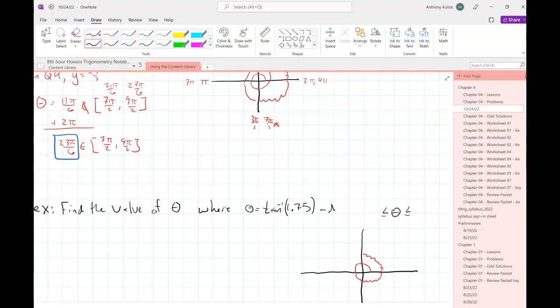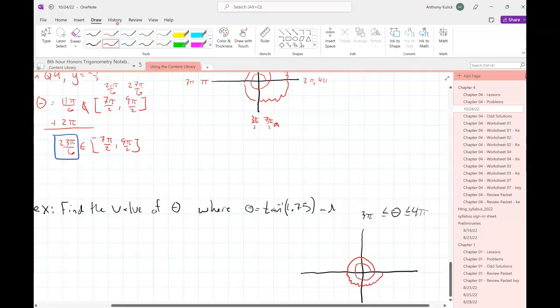Let's make this from like 3 pi to 4 pi, just for grins. So that's 1 pi, 2 pi, 3 pi, and all the way here to 4 pi. Everybody's okay? So what quadrants did we cover? Quadrants 3 and quadrants 4.